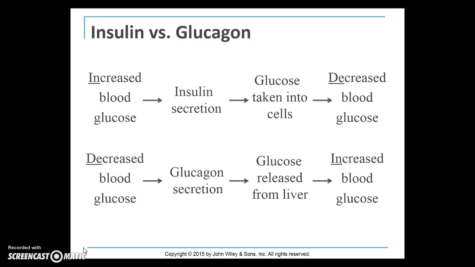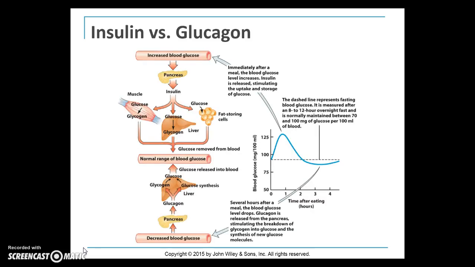If our blood glucose is low, like after all night sleep or we've skipped breakfast, glucagon is secreted from the pancreas and glucose is released from the liver, and this increases our blood glucose to keep us in that 70 and 110 range. So here's a great picture.